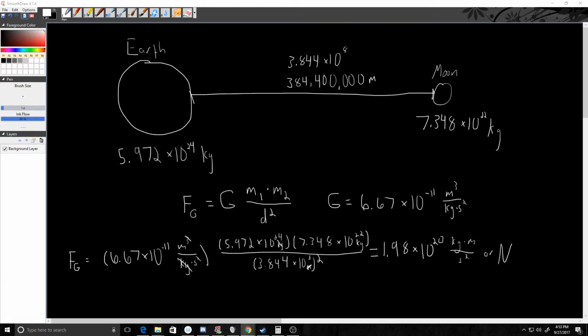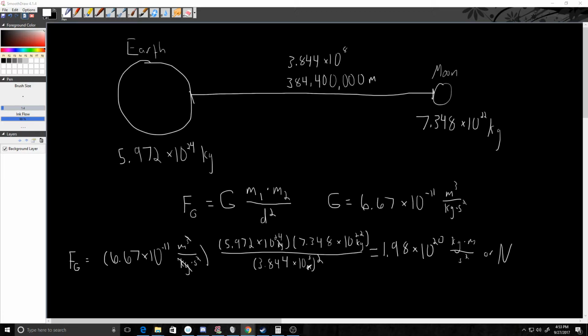I'm just going to Google real quick, force of gravity between Earth and Moon. And it's possible that I used some wrong numbers because I used the wrong distance, didn't I?